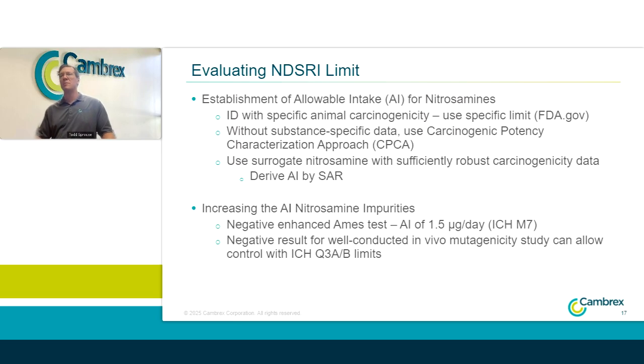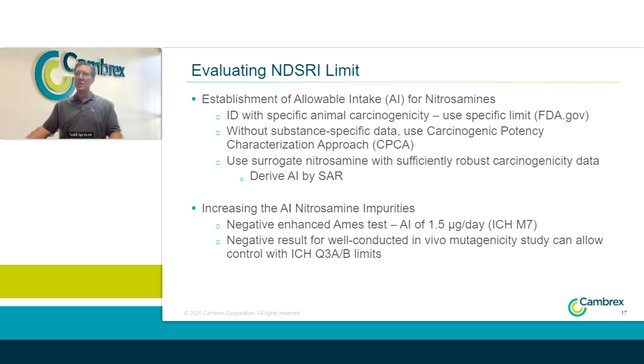And so by establishing those allowable intakes, again, with any specific animal carcinogenicity data that's available, the FDA.gov site does have those specific limits. But without that substance-specific data, we're going to walk through the decision tree within the guidelines to create that categorization score of 1 through 5.